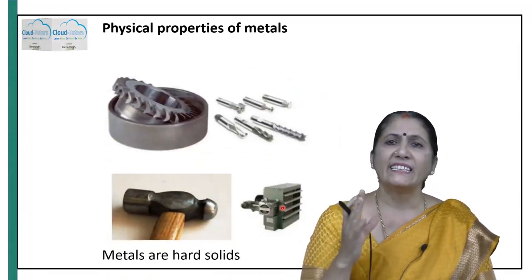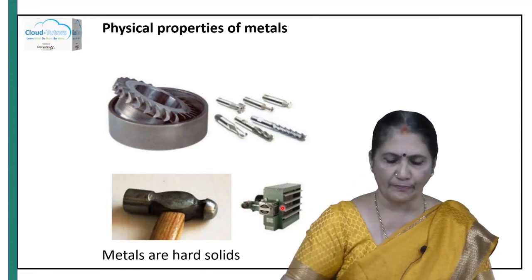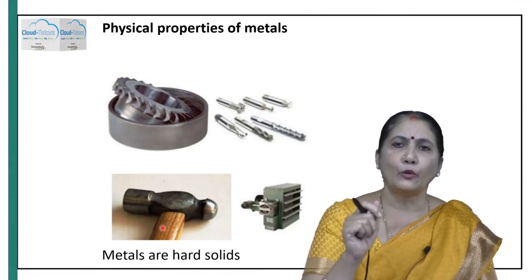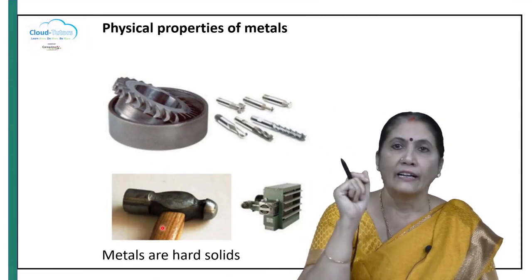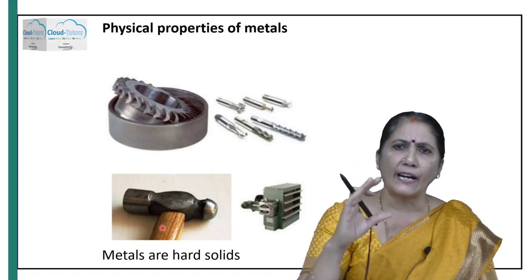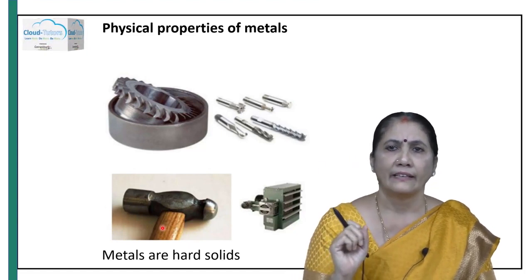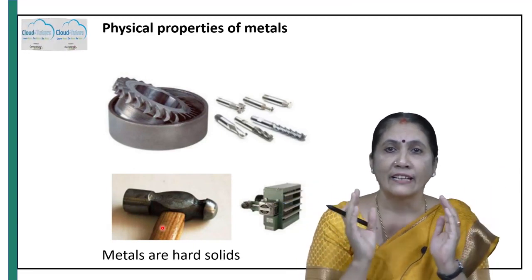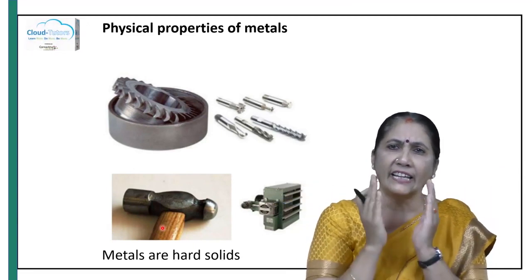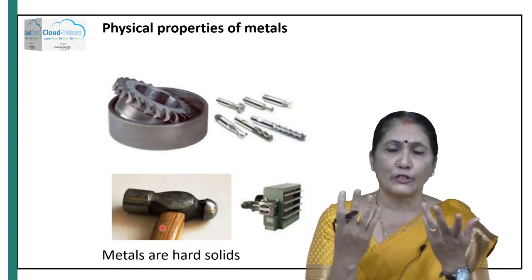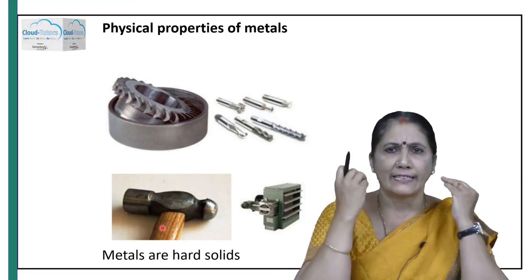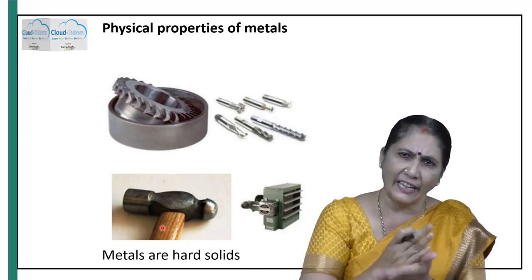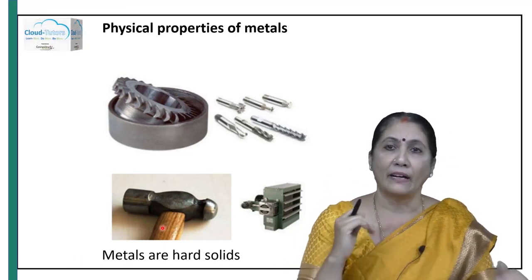Now, metals are hard solids. That is why if you hit any metallic part with a hammer, it is not going to be broken very easily, because all metals are generally hard. And of course, you will get some ringing sound when any metallic part is hit with a hammer.